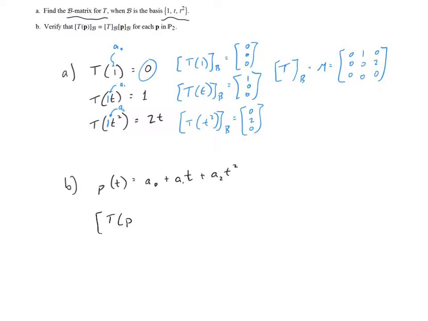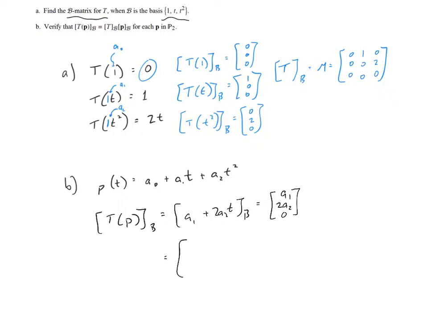T of p, so my transformed polynomial relative to B, should be a1 plus 2a2t, again relative to B, and that looks like a1, 2a2, and 0. That's what we should get. We know that.